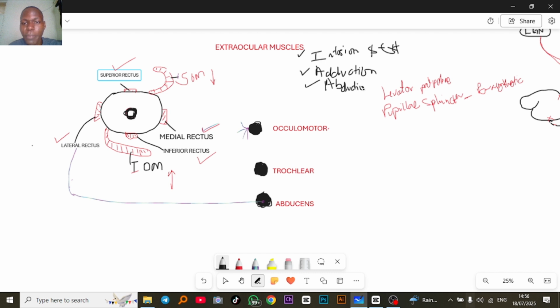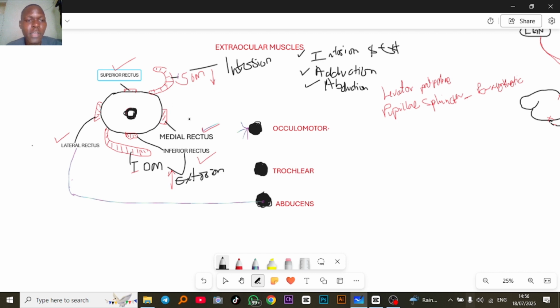What I need you to remember is that both superior muscles, that is the superior rectus and the superior oblique, will perform intorsion, whereas the inferior muscles will perform extorsion.